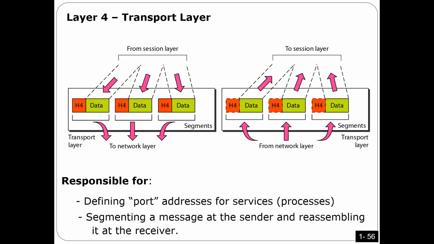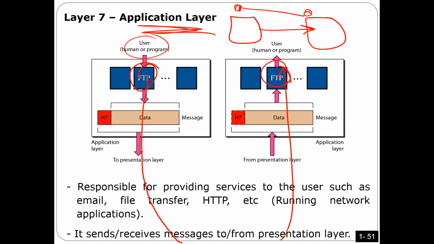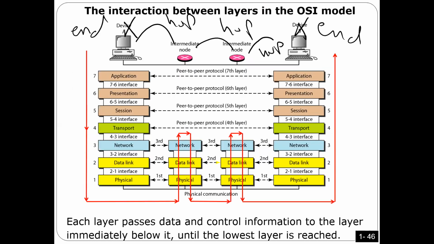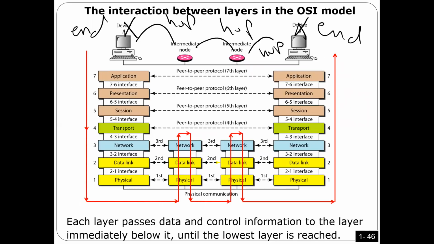Also, they do error control, but be careful here, as you will see in this course. In this layer it is end-to-end. So when I say error control, it means end-to-end. When I say flow control, it's going to be end-to-end.